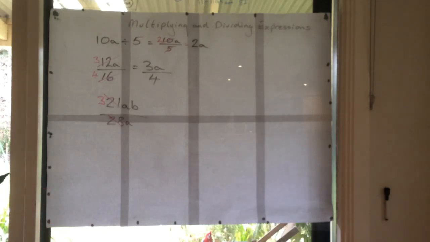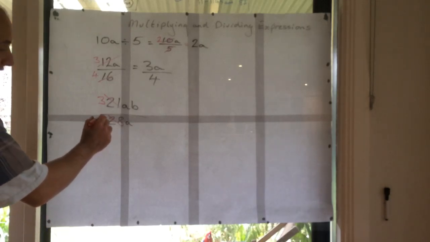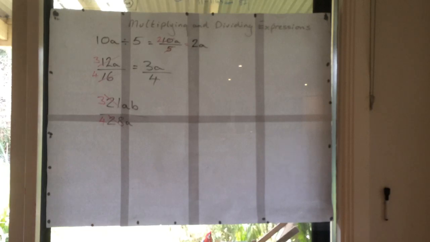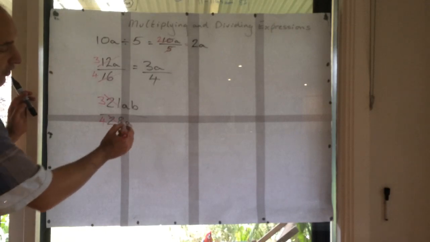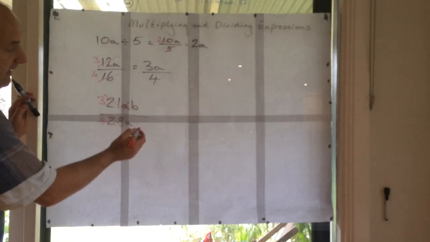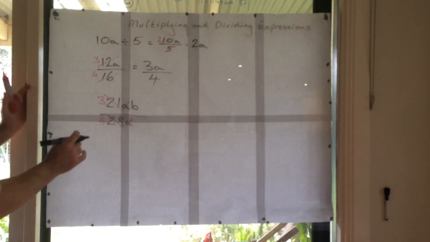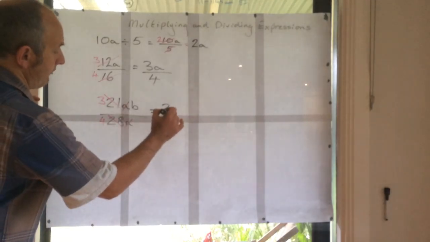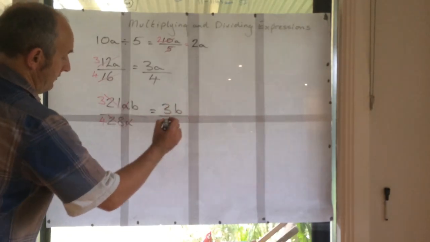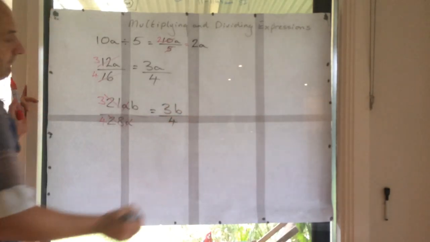How many times does 7 go into 28? 4 times. Now, we might think that we've almost finished, but we also know that that a there can cancel out that a there. So, again, I'm not going down any routes of any proof. Okay, not today. So we now end up with 3b over 4.